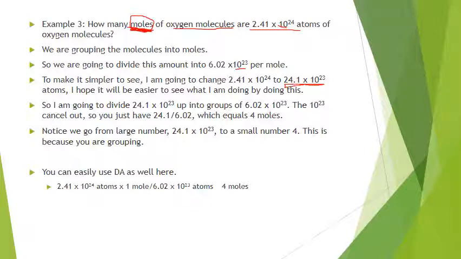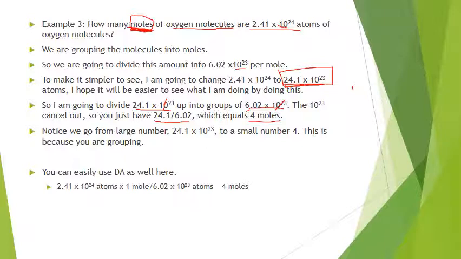I'm going to take this amount and divide it up into groups of 6.02 times 10 to the 23rd. So I chop it up into groups of this. When you do that, the exponents cancel out. So really the only math you have to do is this right here, and you'll see that's simply 4.